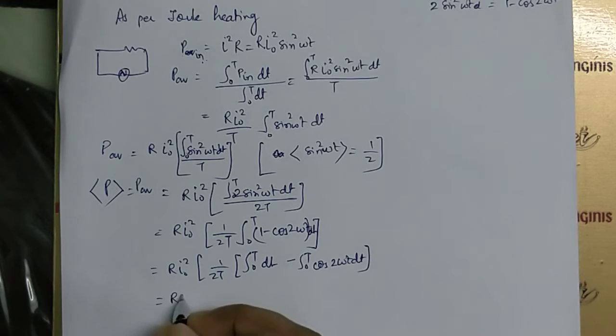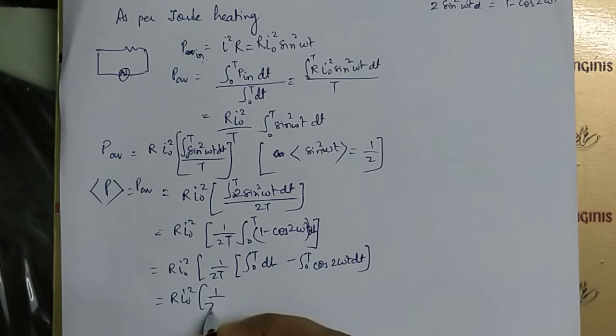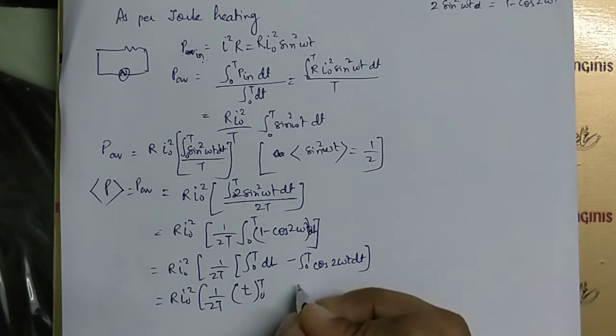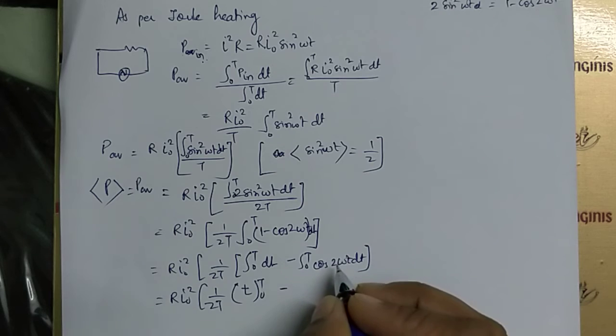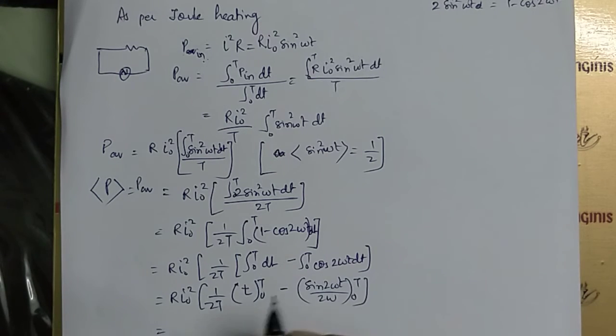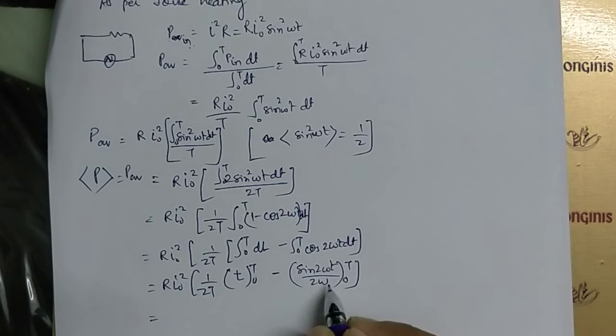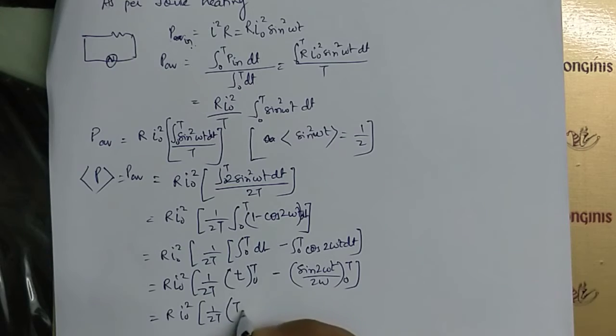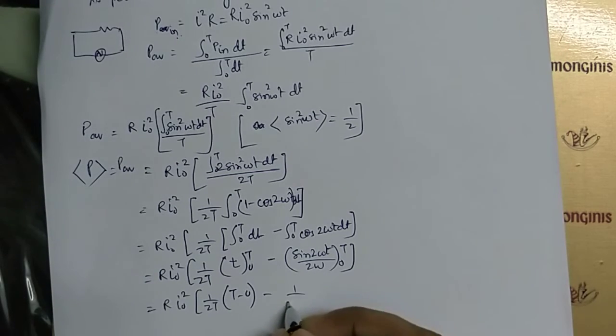The first term will become T, and the cos 2 omega t dt integral will be sine 2 omega t by 2 omega, from 0 to T. So R I naught square, 1 by 2T, times T minus 1 upon 2 omega.